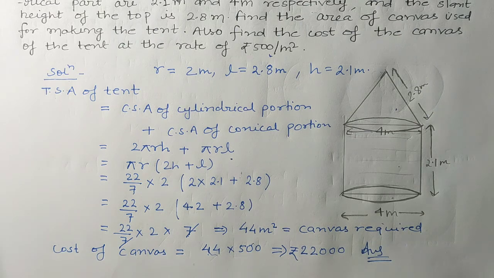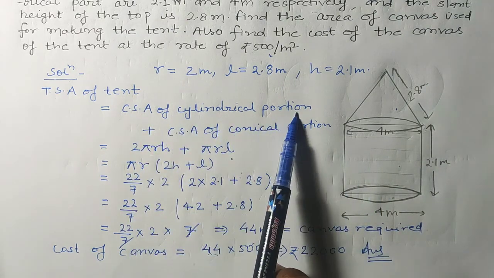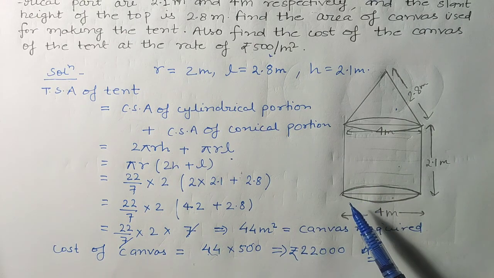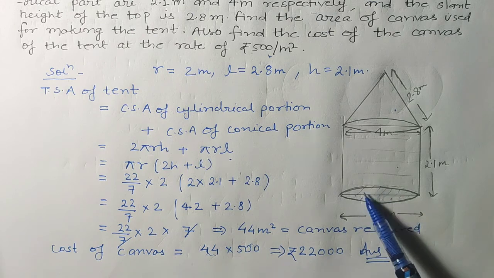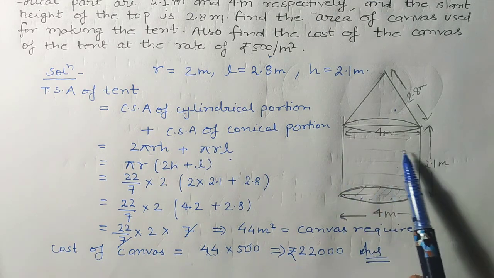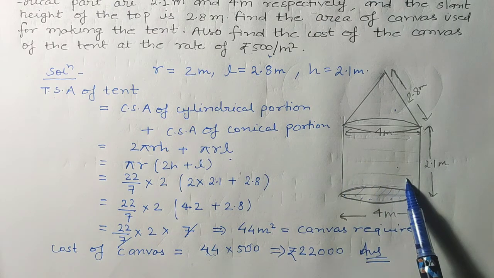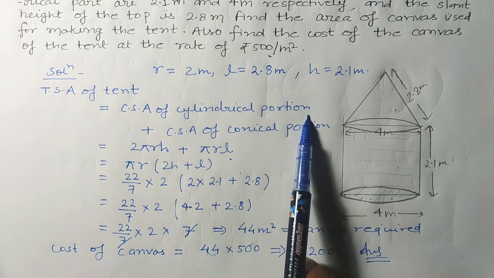and here one more thing, if you are in confusion about why we have taken the curved surface area of the cylindrical portion, so see, in the tent the base is not covered with canvas. Okay, only its side walls are there. So side walls means the circular part, so it will be the curved surface area of the cylindrical portion.